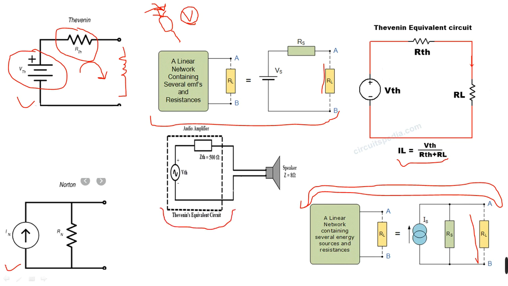Here, what this example is depicting is that suppose you have a speaker and a source. Now, from this source I am giving supply to this speaker, and I want that from this source maximum power should be transferred to the speaker. And at my home there are so many connections. You see, 1 bhk, 2 bhk, 3 bhk rooms are there.